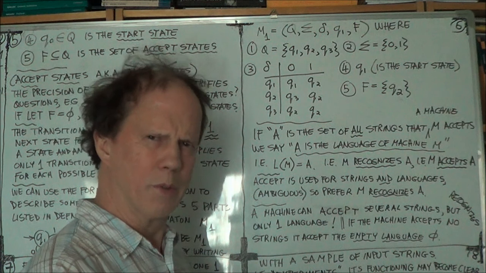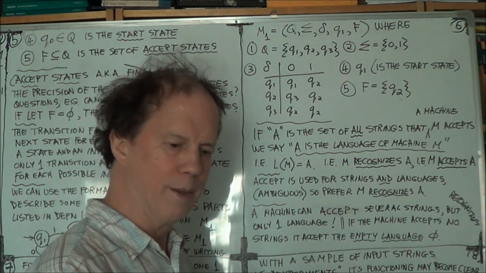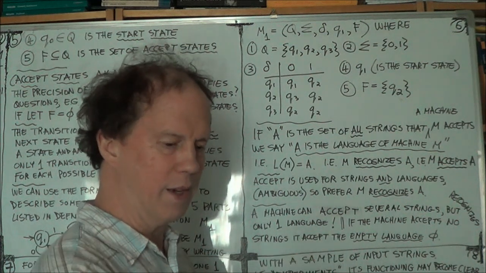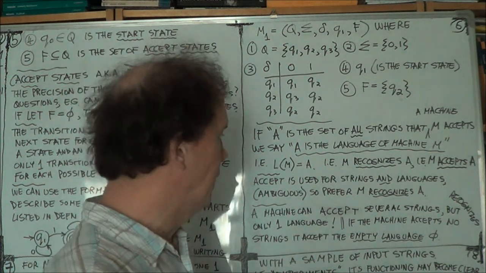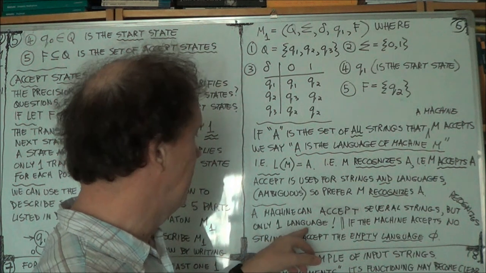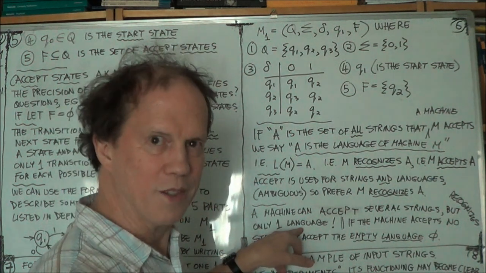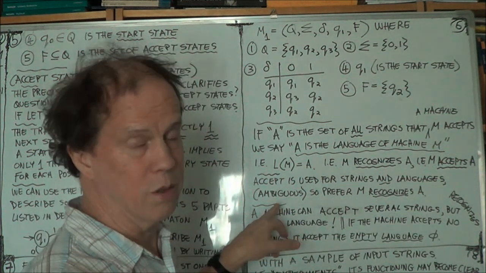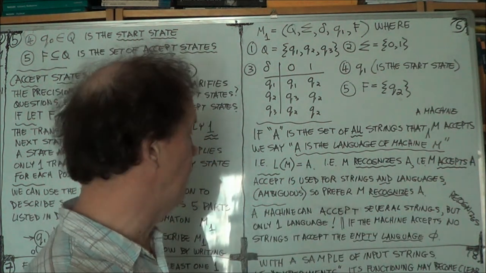That's almost a tautology. Do you know what the word tautology means? If A then B, if B then A. Because you define the language as all those strings that the automaton accepts.